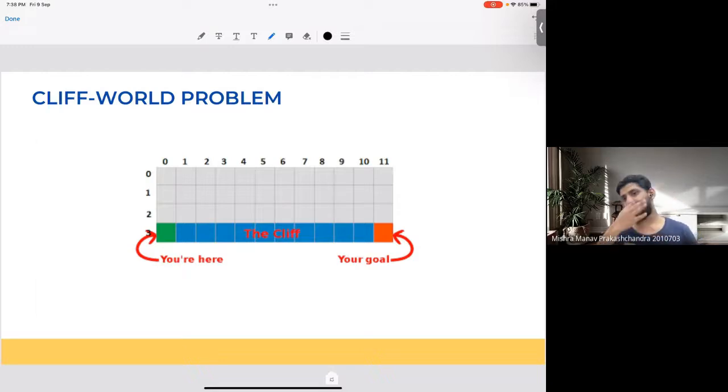Yeah. And I think Sir had discussed this in class. Because Q learning is trying to define the optimal policy, whereas SARSA gives me the exploratory, or a more conservative policy.